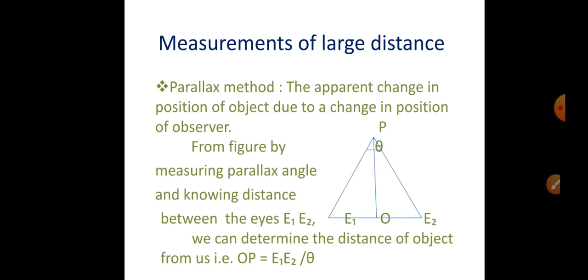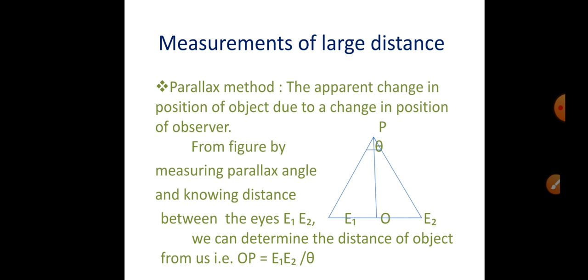You feel that your hand appears to move against the background. We do not change the position of the hand, but we change the position of the eyes. One time we see the hand with the left eye and one time with the right eye. This effect is called the parallax effect.